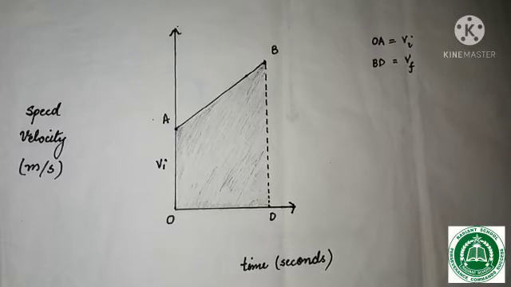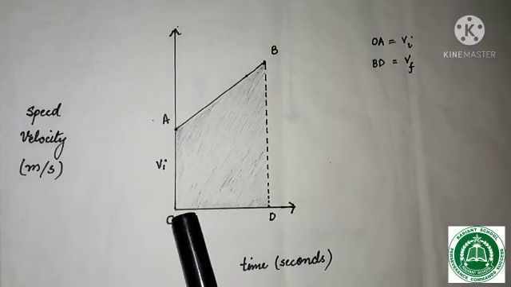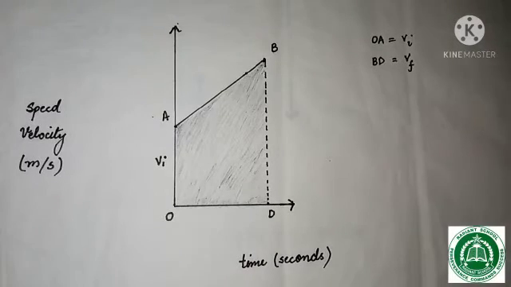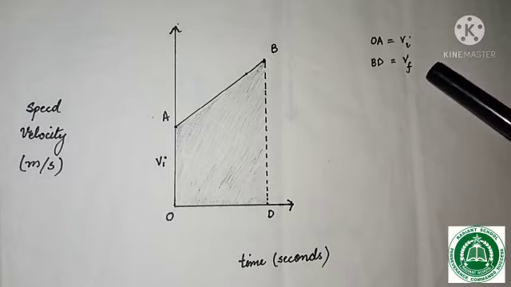Now till this point everything is clear. One thing was left, that is, what is this OD? This OD is the time that is taken by the body to change its velocity from Vi to Vf.